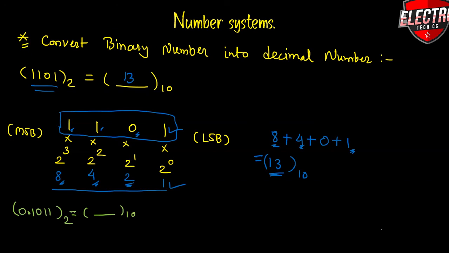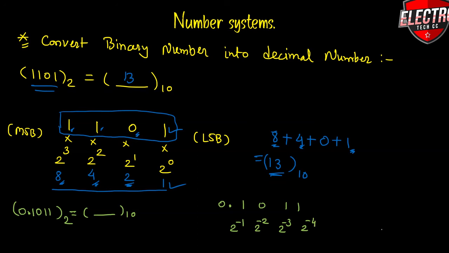So we write the given number 0.1011, then after the point you have to write 2 raised to minus 1, 2 raised to minus 2, 2 raised to minus 3, and 2 raised to minus 4.